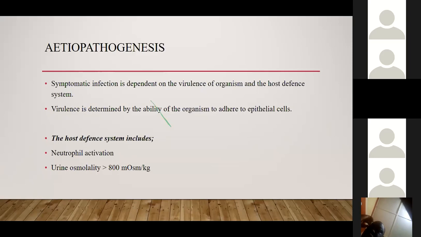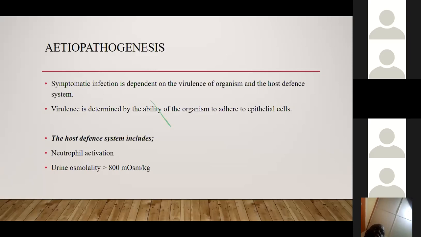If the organism is highly virulent, then the risk of you developing symptoms of a UTI is high. And if your immune system is not so strong, also the risk of developing symptoms is high. And the reverse is true. If the organism has a low virulence or the person has a very high host defense system, then you are able to overcome the organism one way or the other, and you won't show symptoms. You're able to write the UTI off, and then you are good.